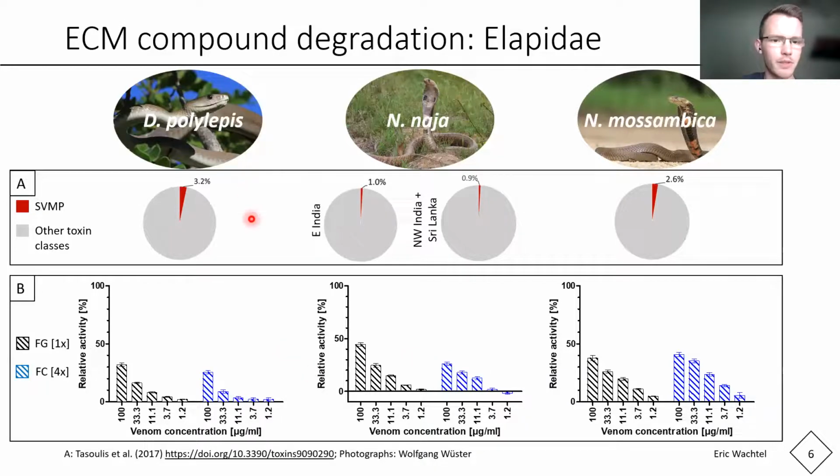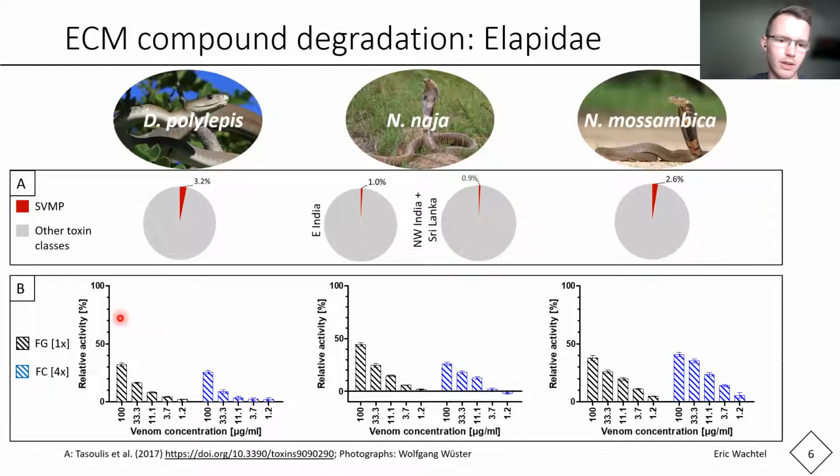Then Dendroaspis polylepis, despite having the highest share of SVMPs in its venom of the tested species, with 3.2% versus only slightly lower 2.6% for Naja mossambica, and then around 1% for Naja, has the lowest activity. But nonetheless, it's not absent of any cleavage activity, especially at high venom concentrations. The substrates get cleaved relatively efficiently.